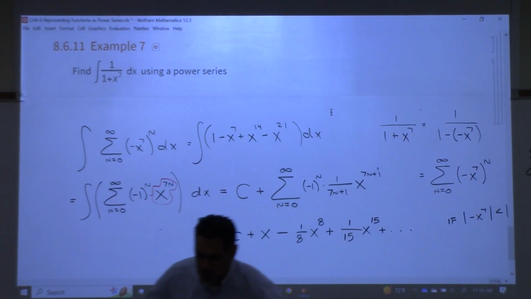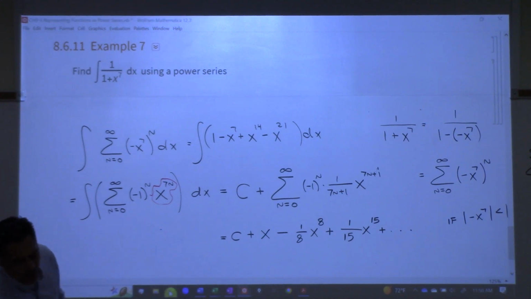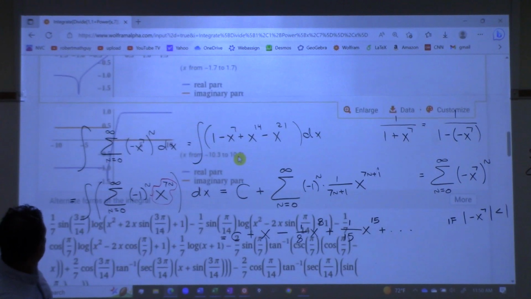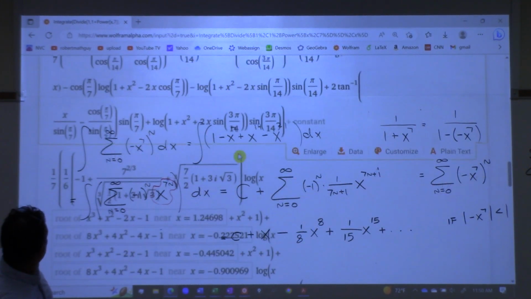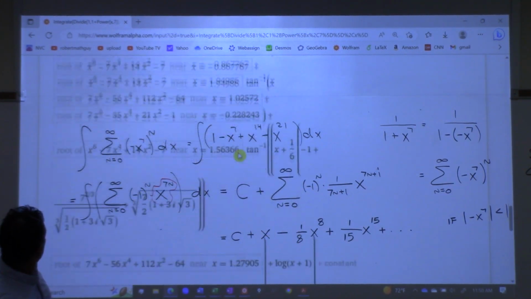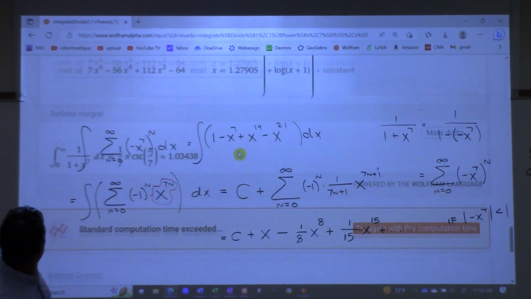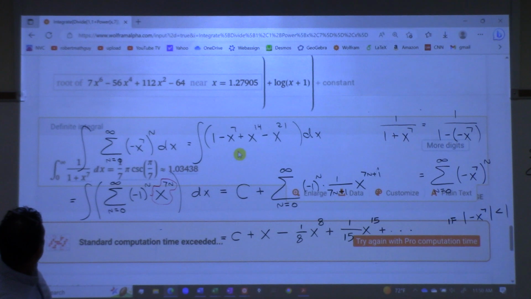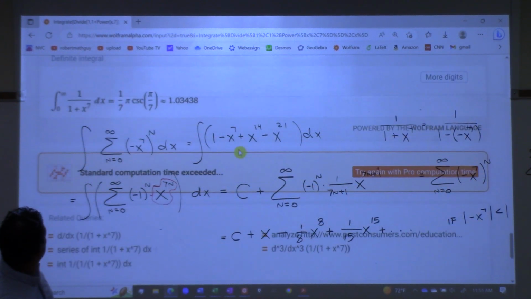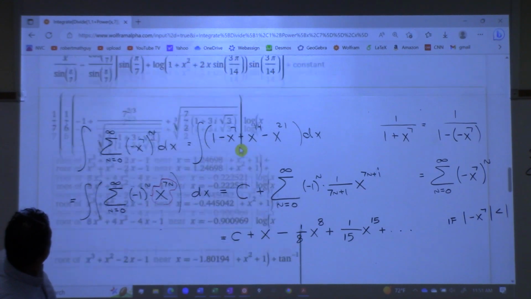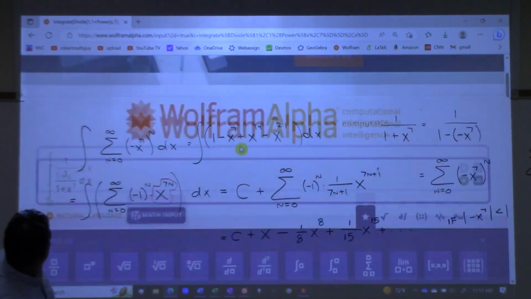So I'm going to now go back to the computer, and I'm going to scroll down. There's that answer. But if I scroll down, it probably gives me the series answer. Holy crap. Definite integral? No. It gave me a definite integral. I didn't ask for a definite integral. For some reason, it's not giving me this series. Huh.